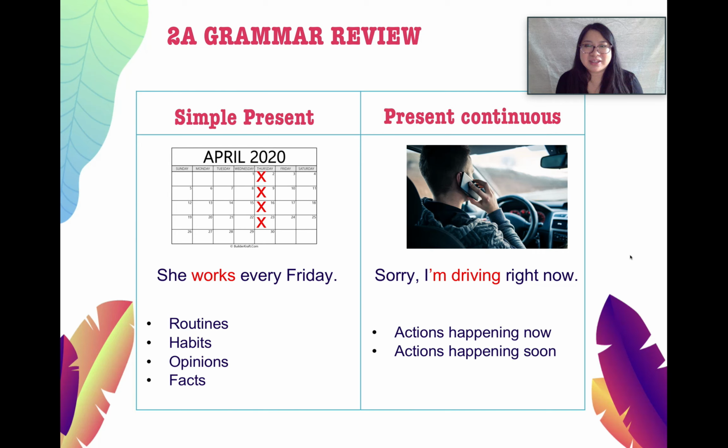We should use present continuous. Ah, after class, I'm going to pizza school to eat some pizza. Okay, so remember present continuous is a limited time. It's happening now or happening soon, but it will end. Simple present is always true, or it will always repeat.